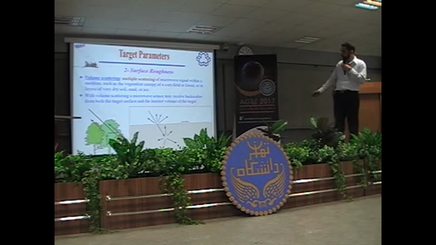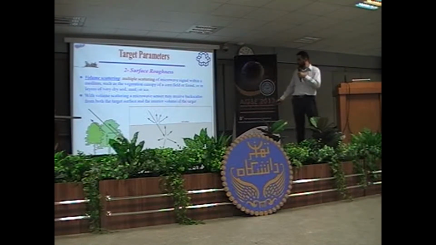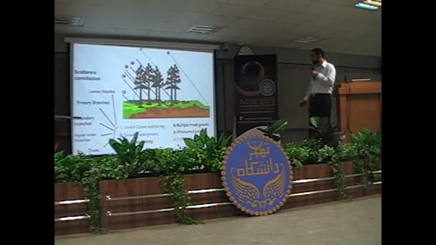This term is called volume scattering, and it basically depends on the amount of penetration toward the objects. It usually happens for vegetation areas and forest areas, in which we have objects that the signal can penetrate.